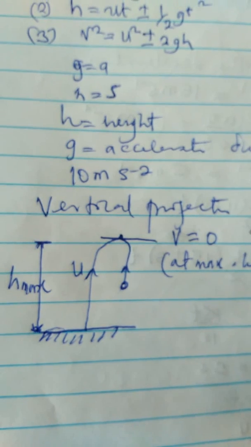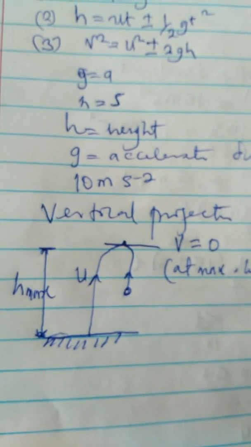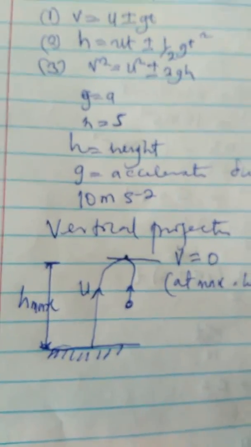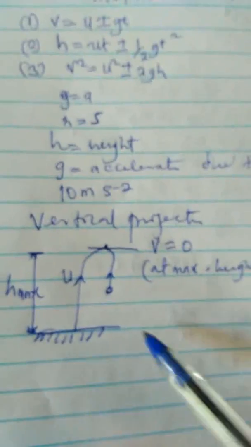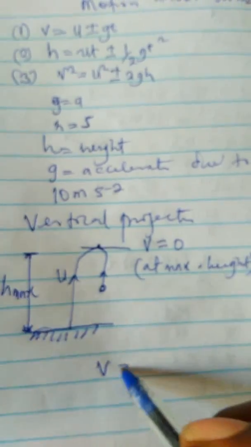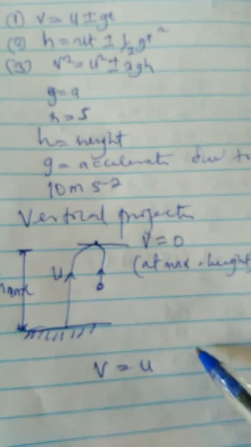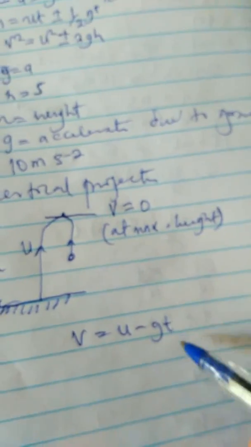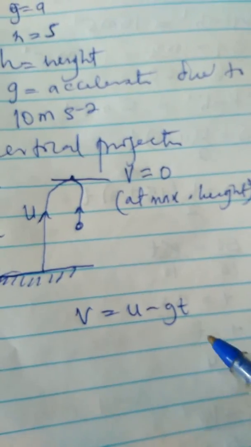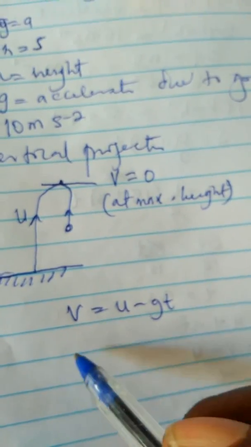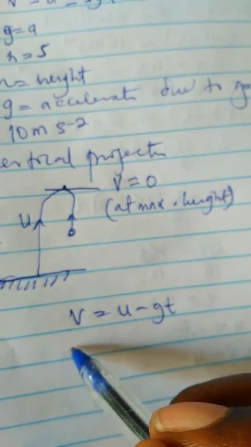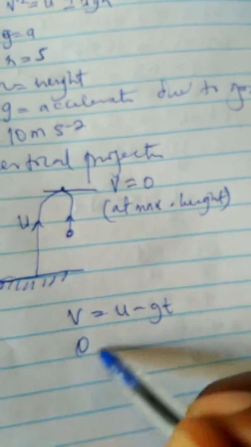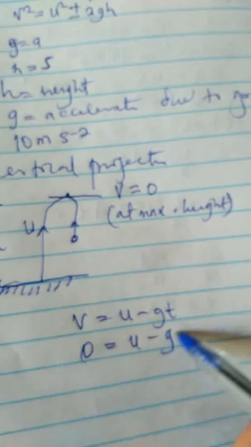H max is the maximum height attained, U is the initial upward velocity, and G is acceleration due to gravity. So time t taken to attain the maximum height will be obtained from the first equation of motion. When you say V is equals to U minus GT, we're saying that V is equals to 0, so we'll have 0 is equals to U minus GT.